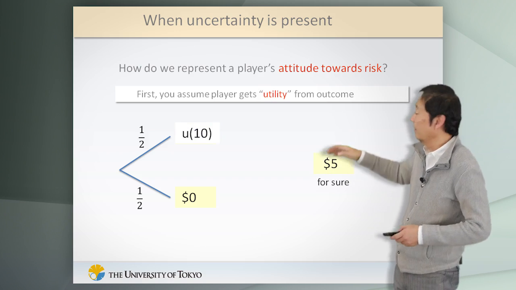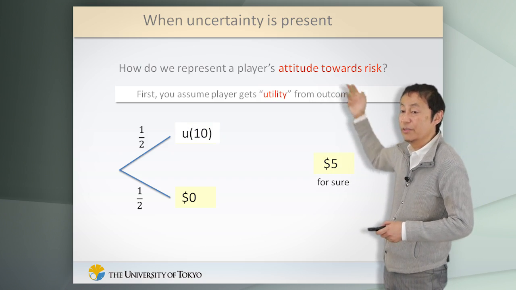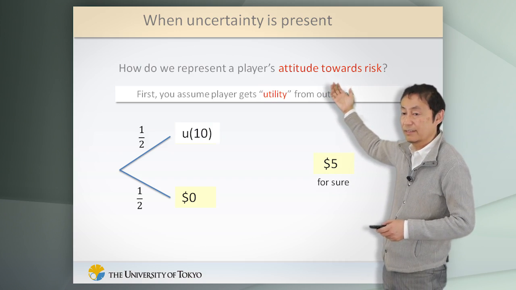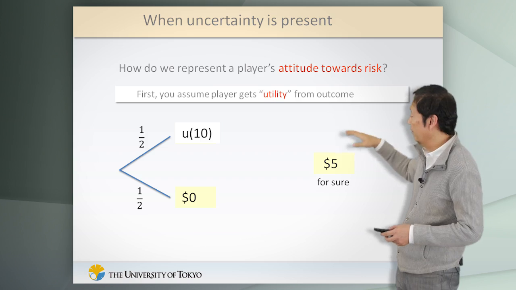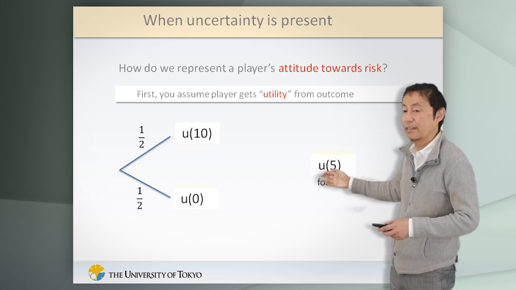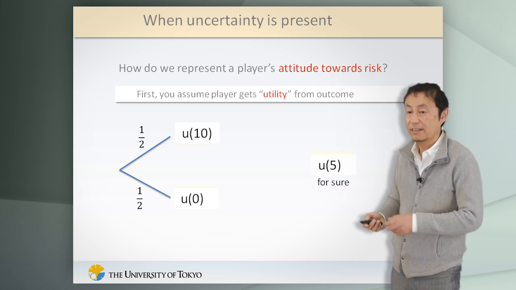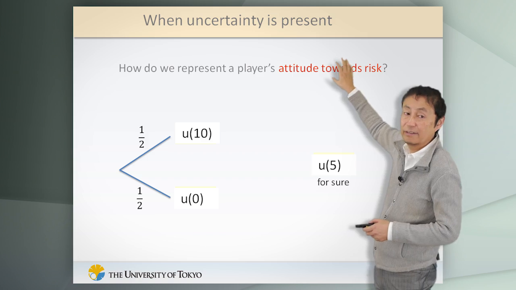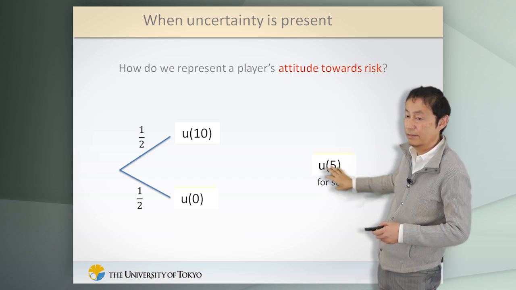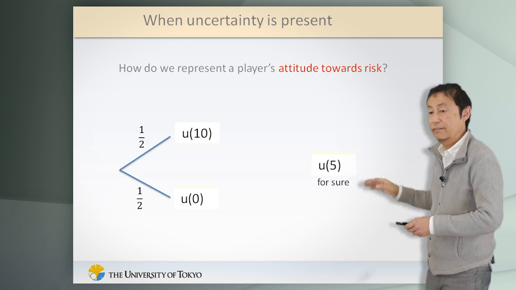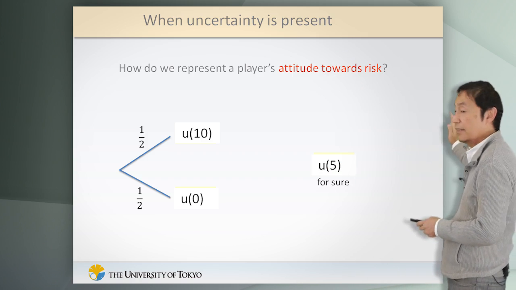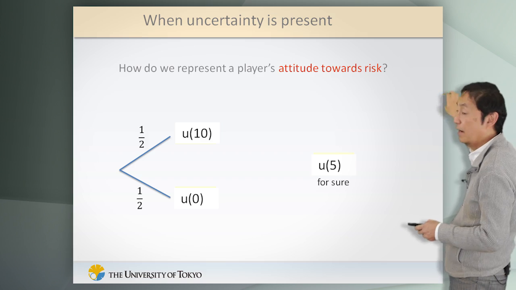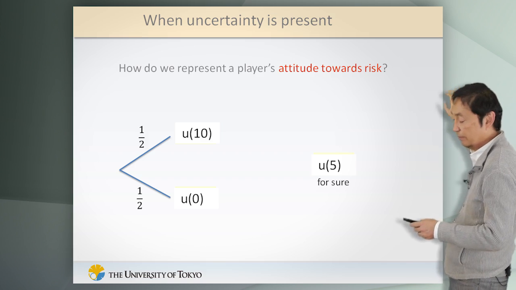So you get some utility out of $10, and if the outcome is $0, you get some utility of $0. With equal probability, you either get this utility or that utility. And if you choose the other alternative, you get this utility coming from $5 for sure.